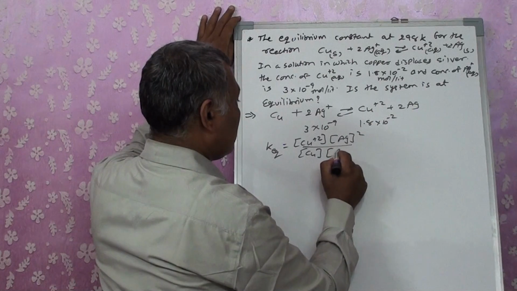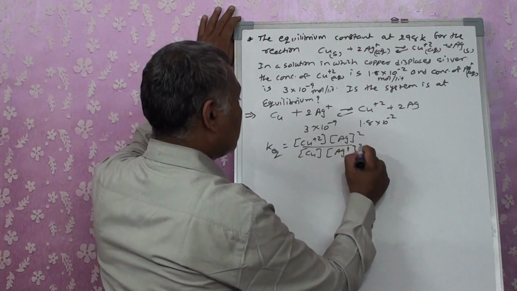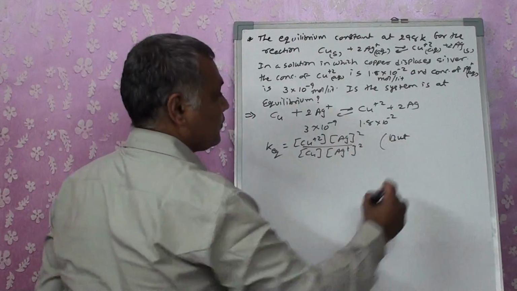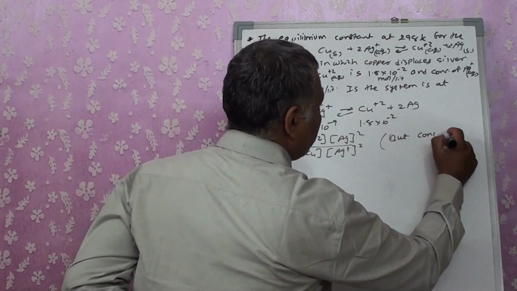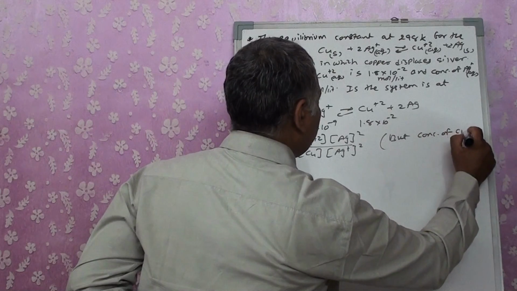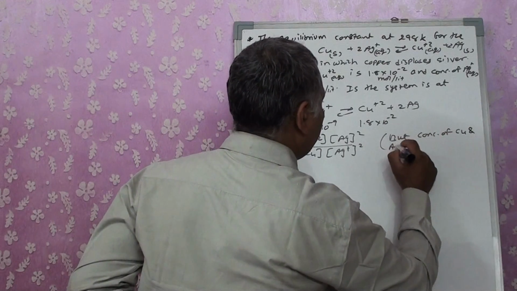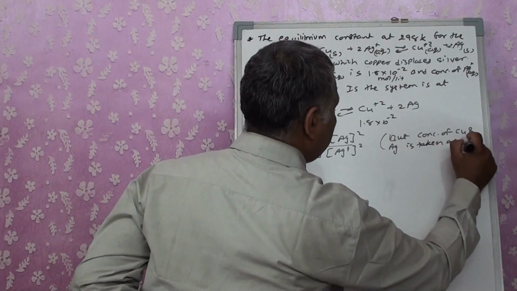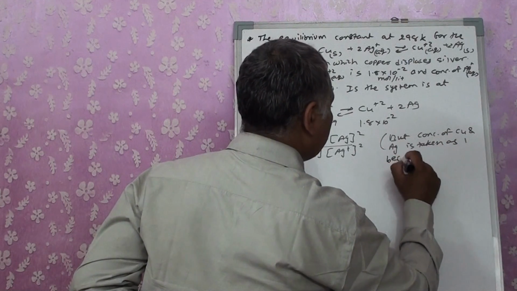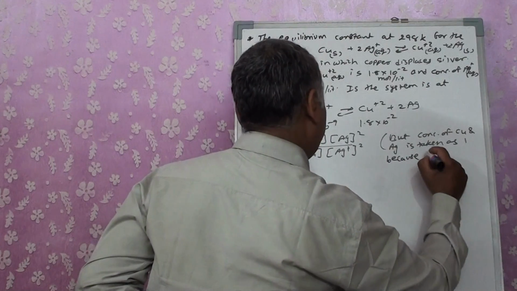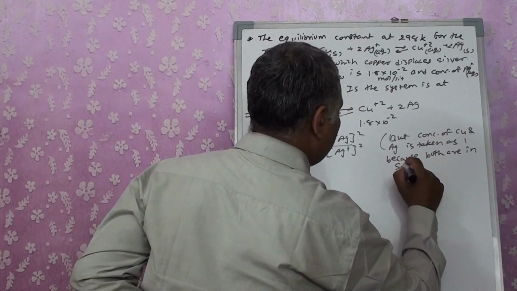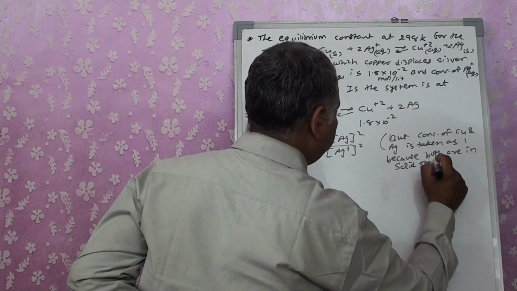But the concentration of Cu and Ag is taken as 1 because both are in solid state.